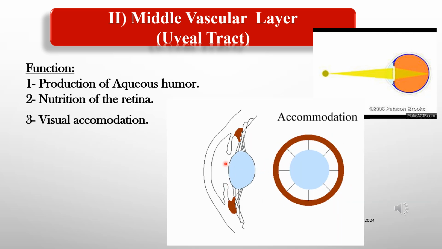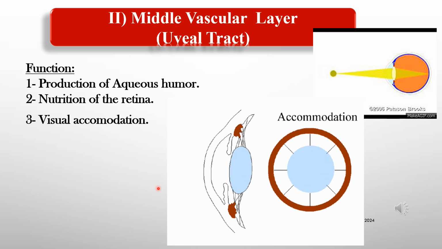So the functions of the middle vascular layer or the uveal tract are the production of the aqueous humor, nutrition of the retina, and visual accommodation through the ciliary muscle that helps change the shape of the lens.